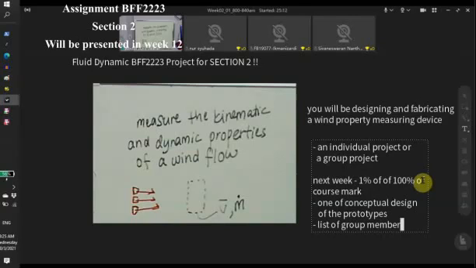So next week, same day, you're going to submit one conceptual design. It means there can be more than one, right? And then list of group members.